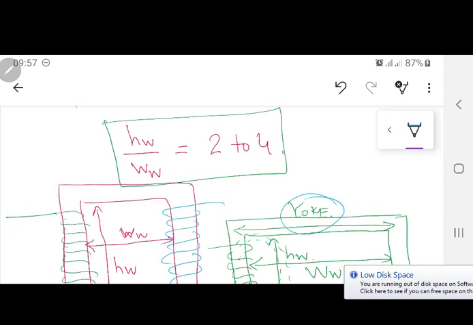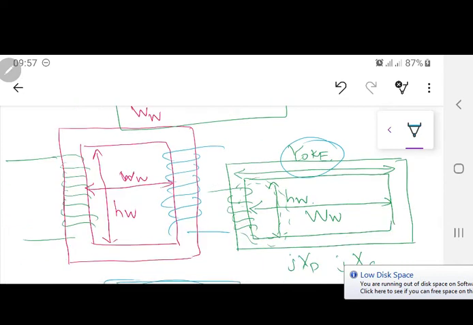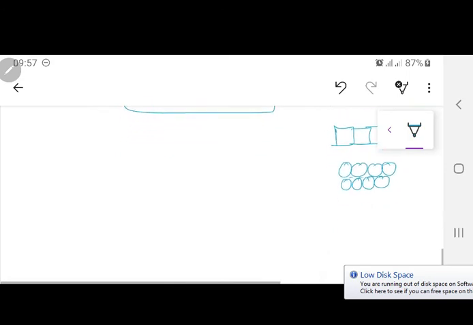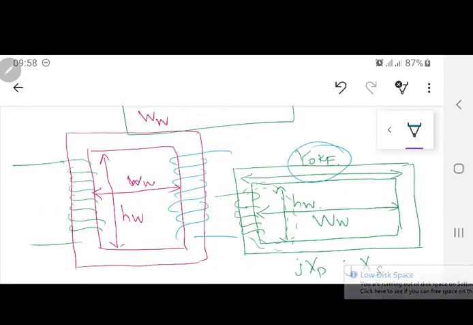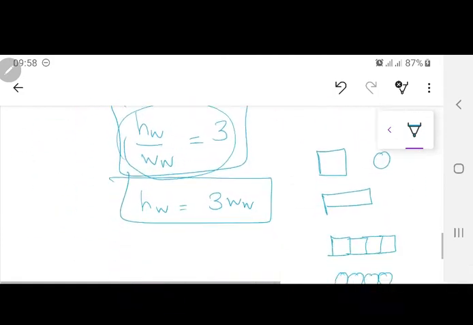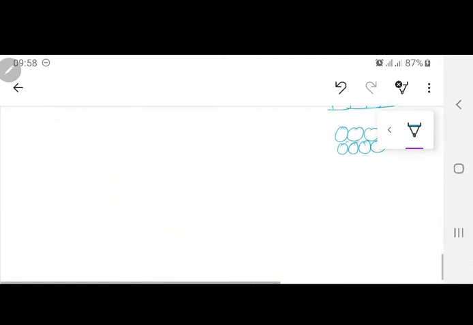Now, question over here, this limb which you had designed, see this very carefully, this is a very important thing. Now I am seeing it from the top. Okay, I am seeing this single phase transformer from the top. Supposing it's a two-step core, because it's easy to draw.